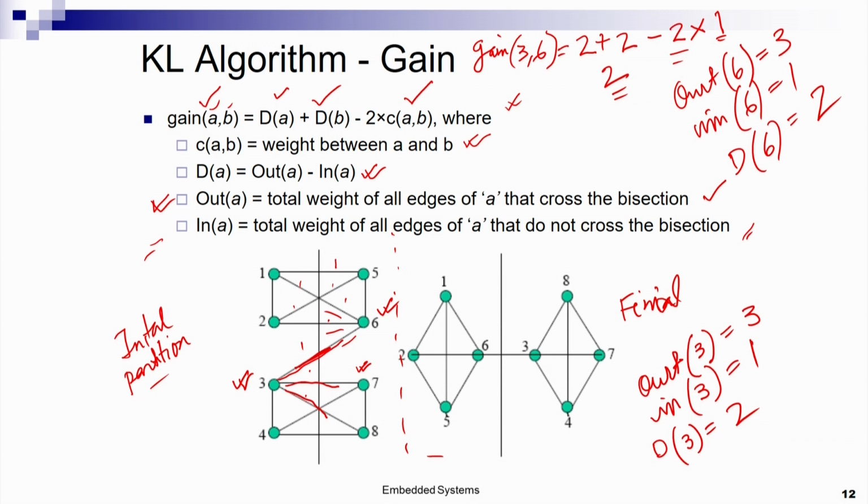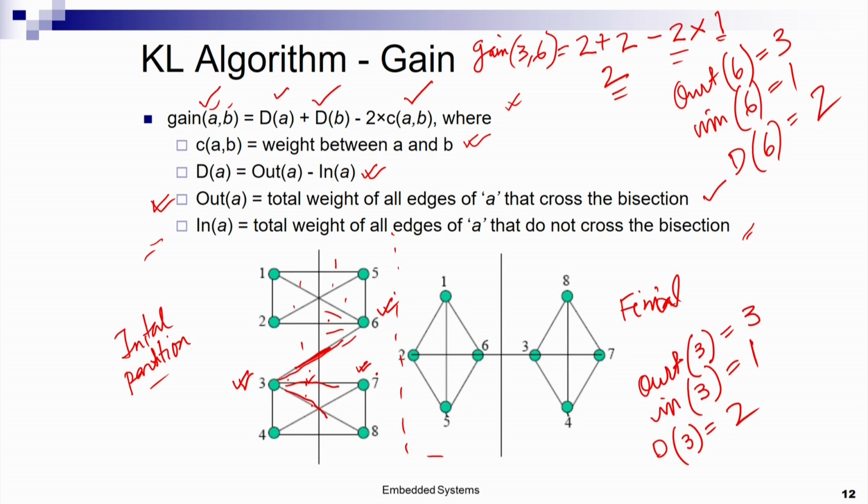All the other edges, this 3 to 7 edge and 3 to 8 edge, become part of in of 3 when it goes to the other side of the partition. But this 3 to 6 edge does not change from out of 3 to in of 3, because 6 also goes to the other side. So, it still remains in out of 3.